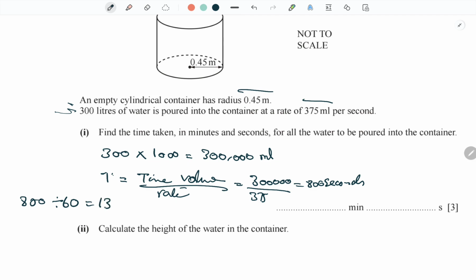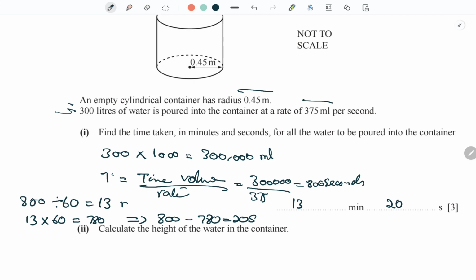We get 13 with some remainder. When we multiply 13 by 60, we get 780. Subtracting 780 from 800, we get 20, so that means 20 seconds. So the answer is 13 minutes and 20 seconds.